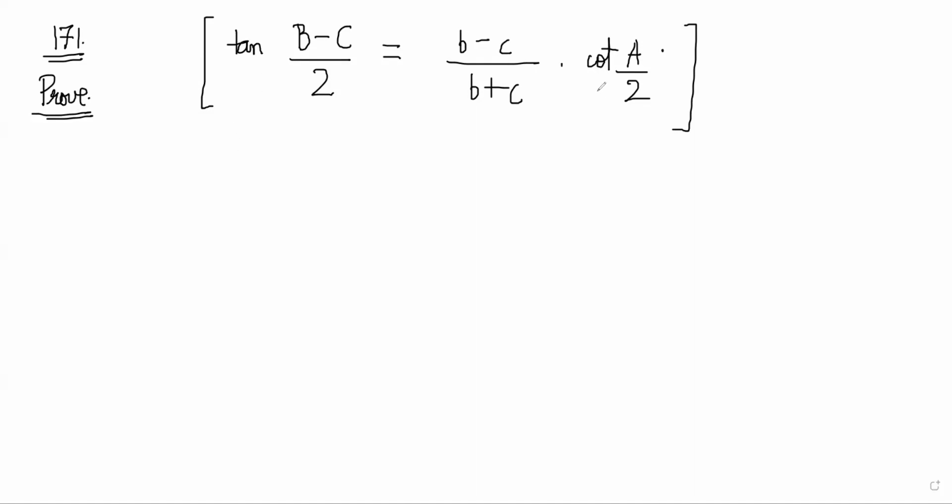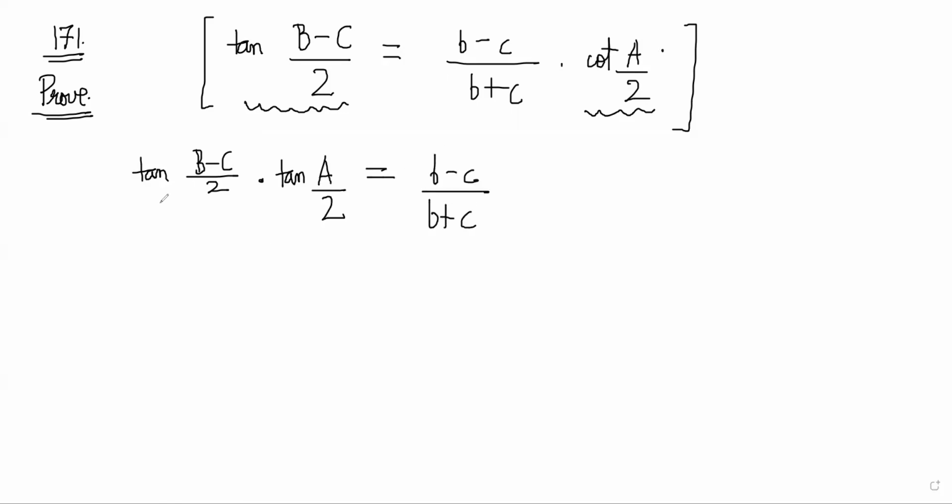So actually the proof of it is pretty easy because this is a trigonometric ratio. This is a trigonometric ratio. I'll bring both the trigonometric things to one side, right? So I will say it is tan (b minus c) by 2 divided by cot A by 2. So that will become a tan A by 2. And I have to show that (b minus c) by (b plus c) is equal to this, right?